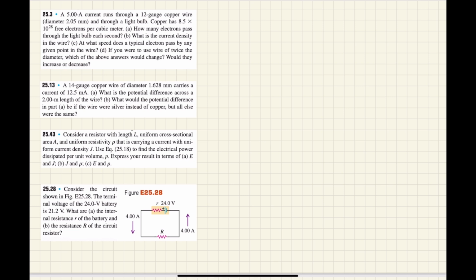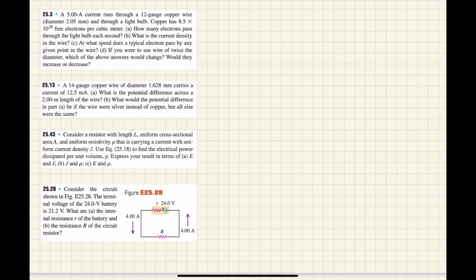This question is a resistor with length L, area A, uniform resistivity rho, that is carrying a current with uniform current density J. So this is not giving us any numbers. We just have to use equations and formulas to manipulate variables. And so we know that, okay, this says use equation 25.18 to find electrical power dissipated per unit volume.